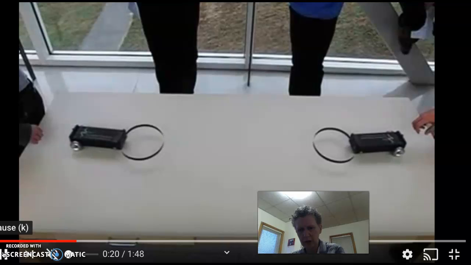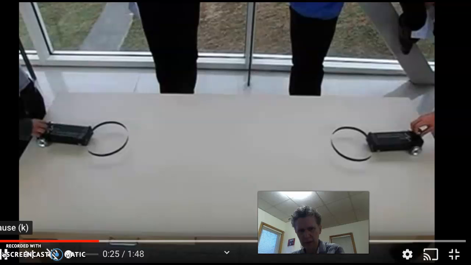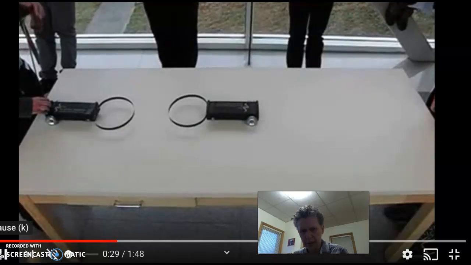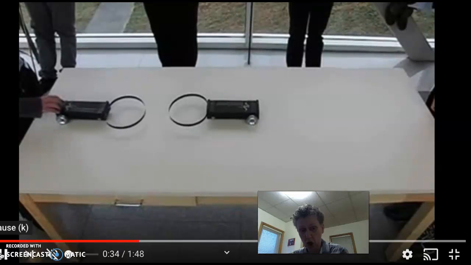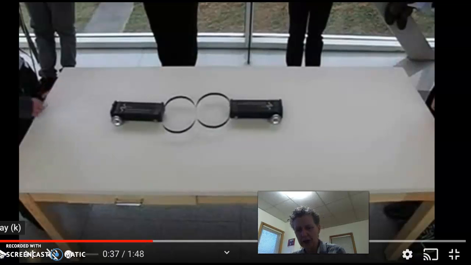In the second situation, it's going to be a little bit different. The cart on the right is going to be sitting still, but it's equal in mass to the cart on the left. Watch what happens when the cart on the left hits it. Boom. Now you're going to see that the cart on the right, which was sitting still, got the force from the cart on the left transferred into it.